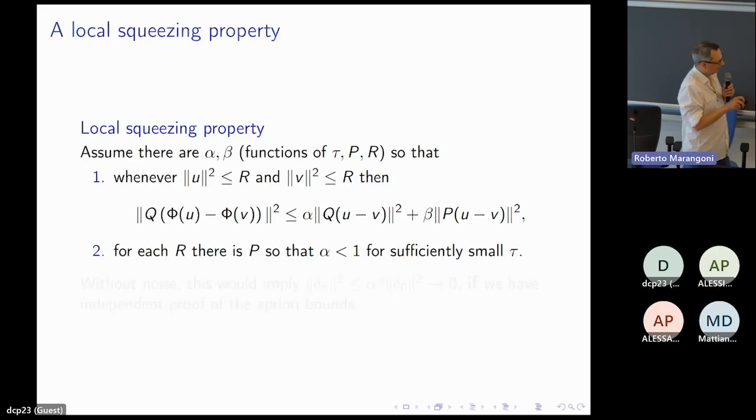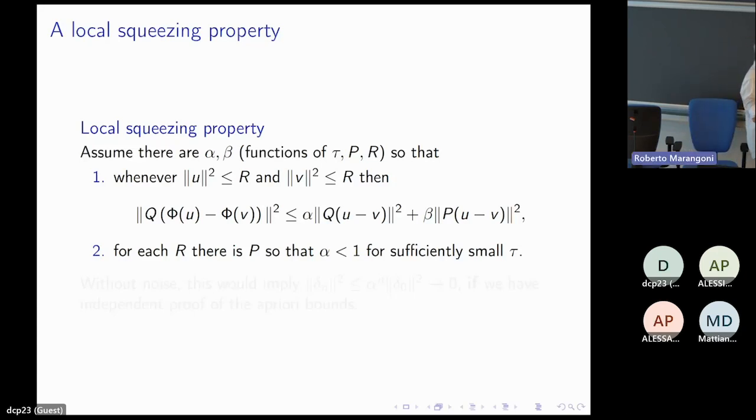You can split the error in the high modes up into these. You can estimate this by the error in the previous step in the high and the low modes. And of course, this is of no use whatsoever unless you know that you have some form of stability, namely that this alpha is smaller than 1, for sufficiently small tau, which is the time interval between subsequent observations.